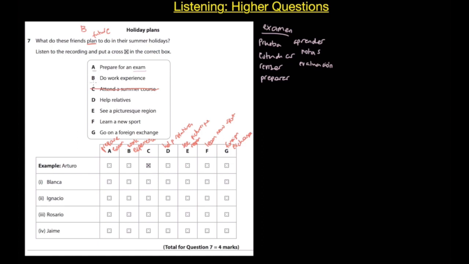That's for A. For B, do work experience. So I could hear something like experiencia laboral, but remember that experiencia laboral tends to be more work experience in the sense of how much experience you've got in something. When it's a person doing work experience as part of their studies, we tend to talk about prácticas.